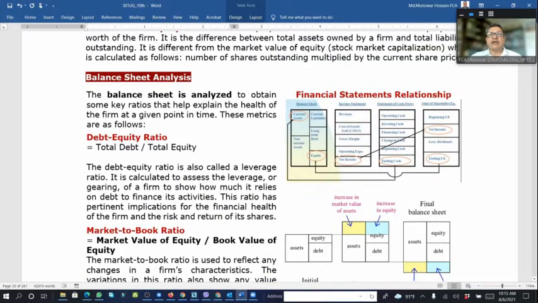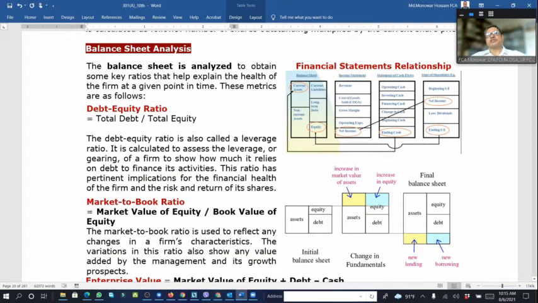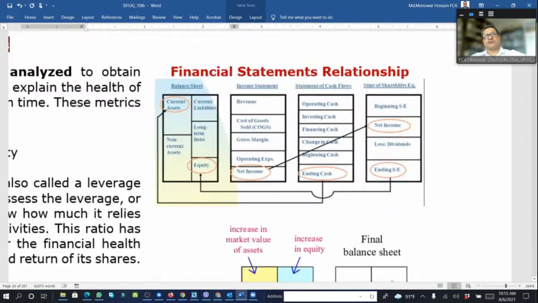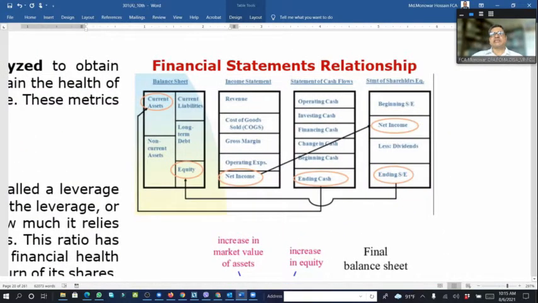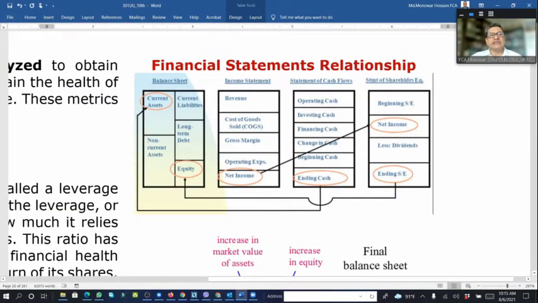And if we look at balance sheet analysis, look here at the financial statement relationship. The balance sheet, the income statement, the statement of cash flows, and the statement of stockholders' equity. The cash in current assets from the balance sheet goes to the statement of cash flows as the ending cash. It must be equivalent.